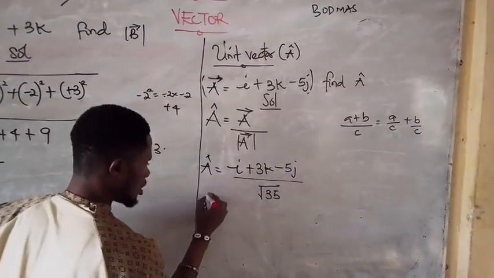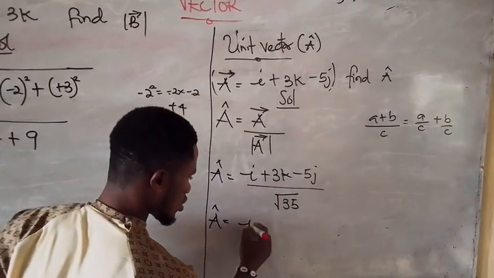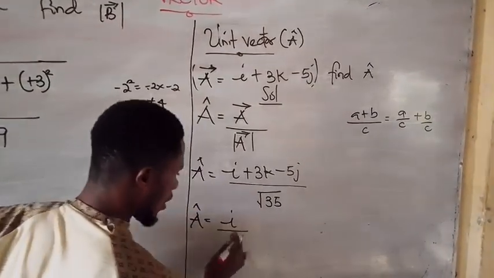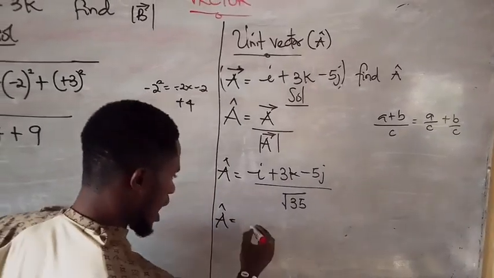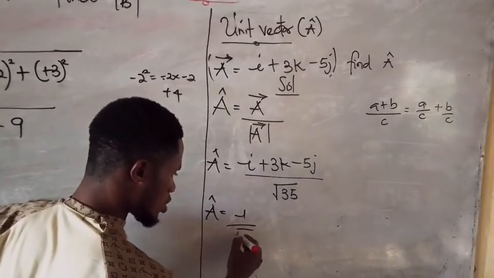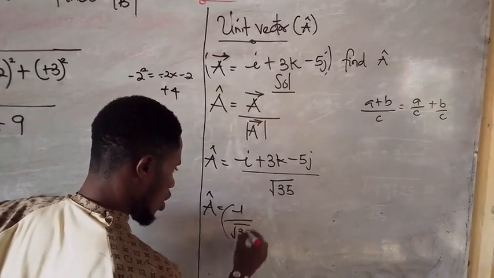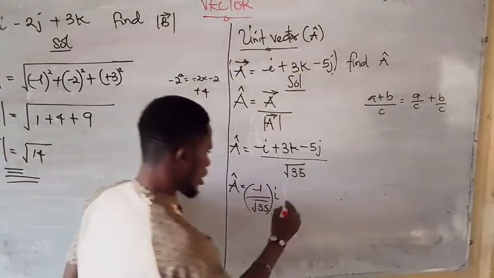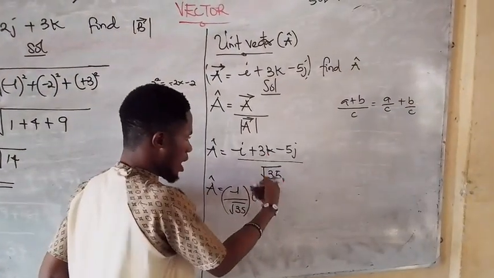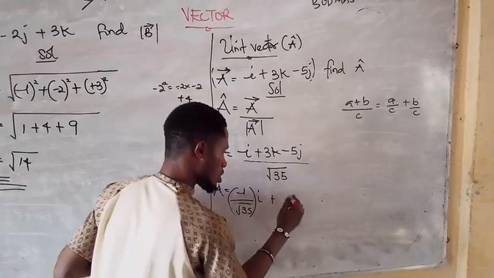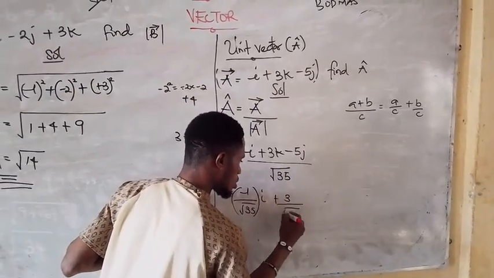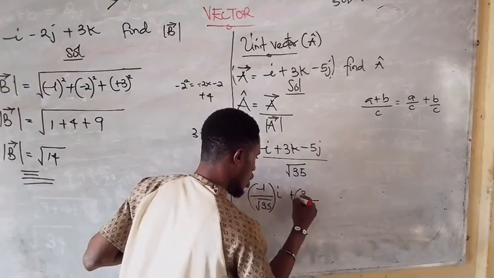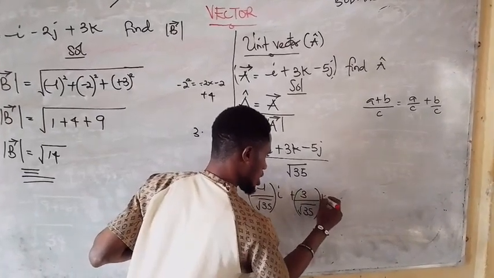So I have unit vector is equals to minus 1 all over root 35, I. See the same thing. Plus number and root. I have number and denominator. I have 3 all over root 35, all what? K.